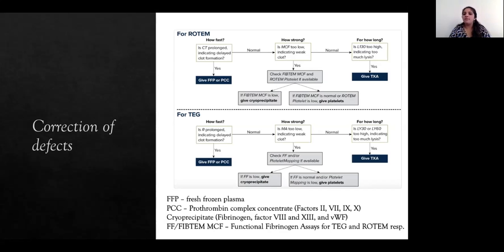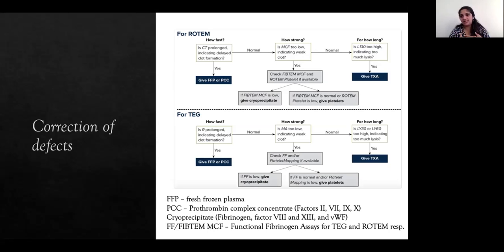You look at your maximum amplitude, or the breadth of your horizontal bar, and that indicates how strong your clot is, how your fibrin deposition and cross-linking happened. Is it too low? If yes, that means either fibrin or your platelets, one of them, needs better functioning.